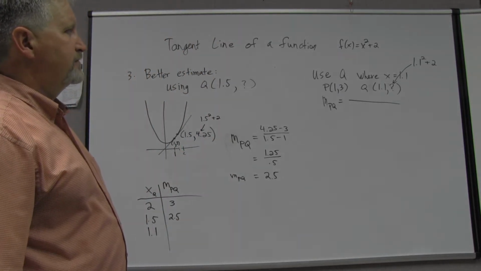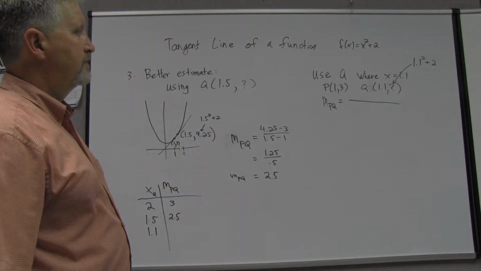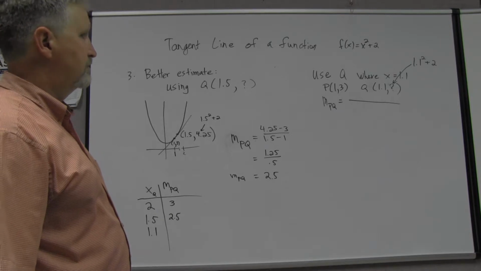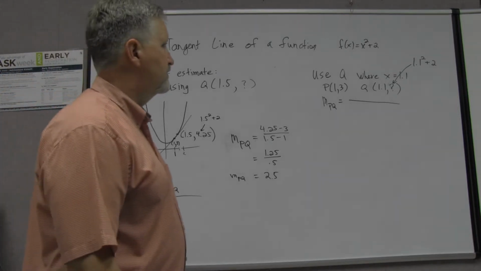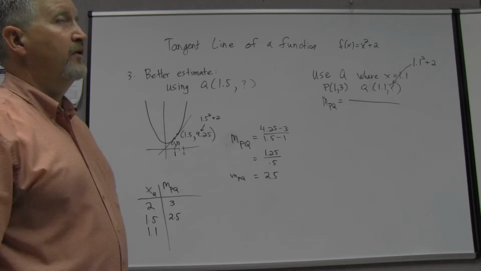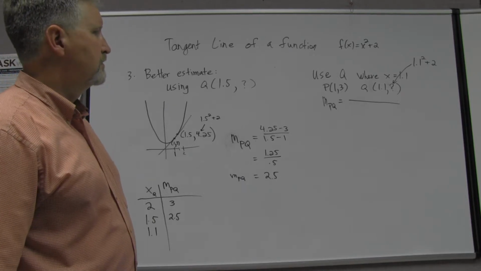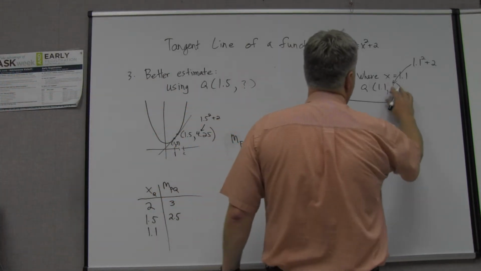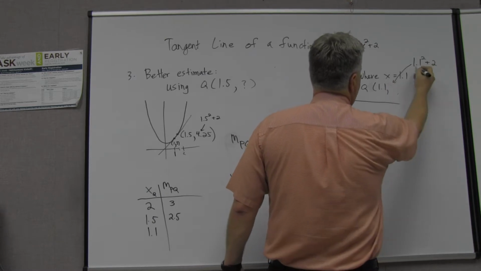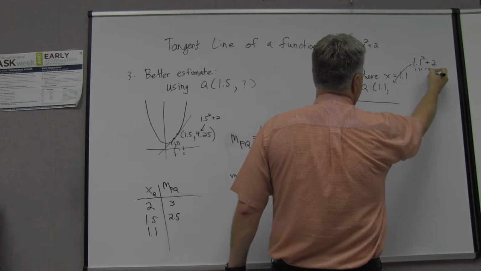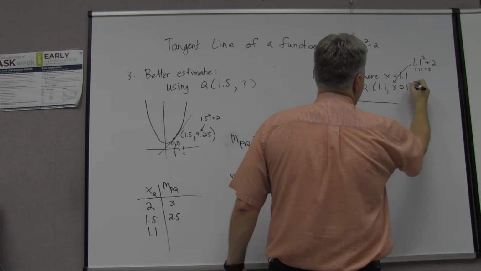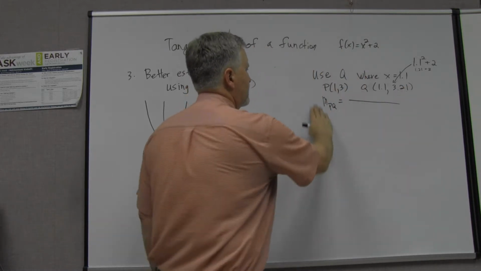Let's see, 1.1 squared is 1.21. No. What is 1.1 squared? Is it 0.121? It's 1.21. Okay, thank you. So it's 1.21 plus 2, so that'd be 3.21. Yeah, I was right. Okay. I was doubting myself there.